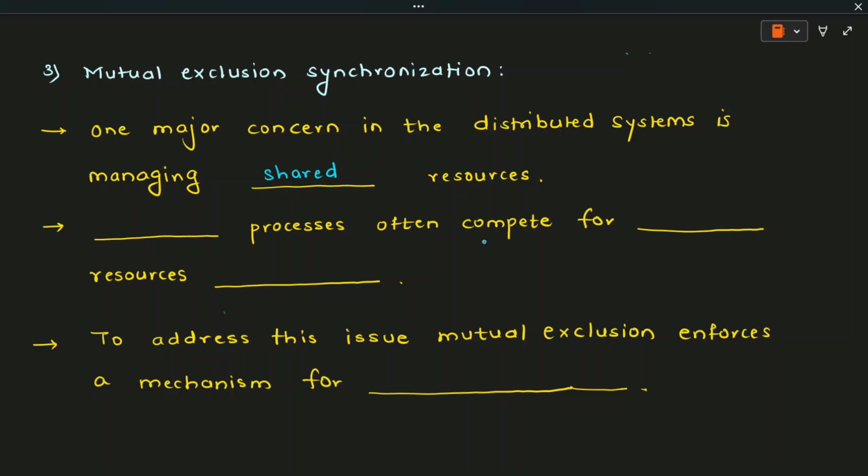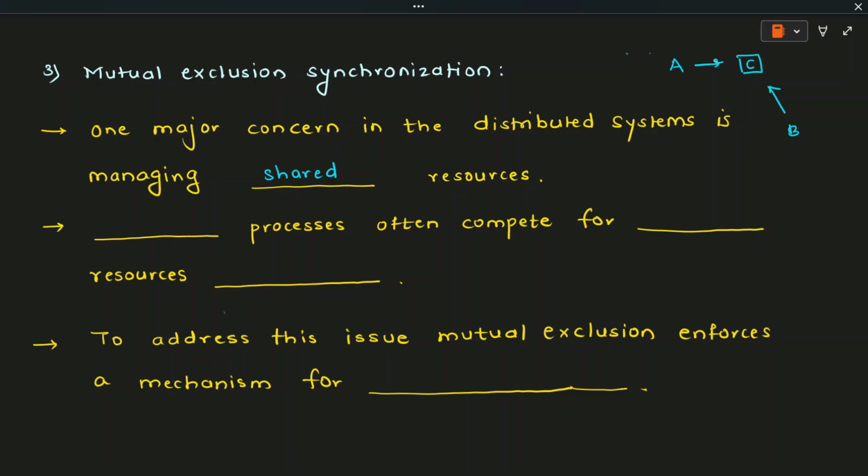Suppose one memory is there and all devices are trying to access that memory. Some devices may want to write data inside the memory and some devices may want to read data from that memory. Suppose C is already written inside this memory.